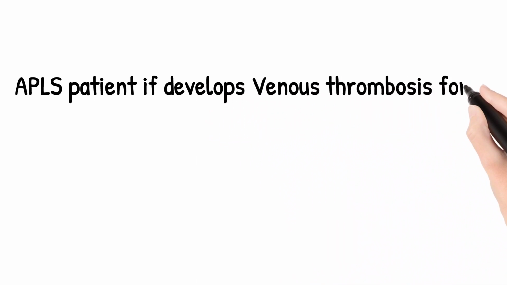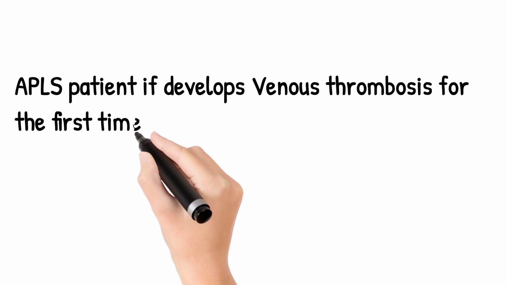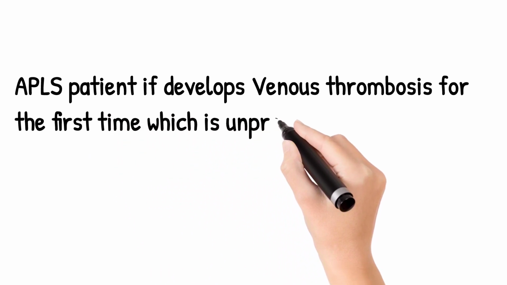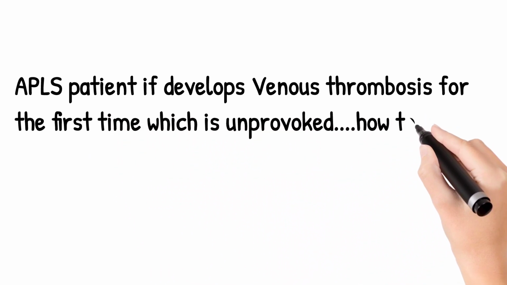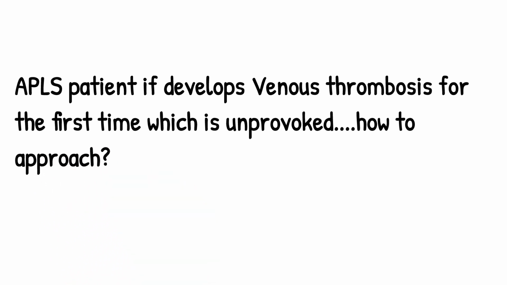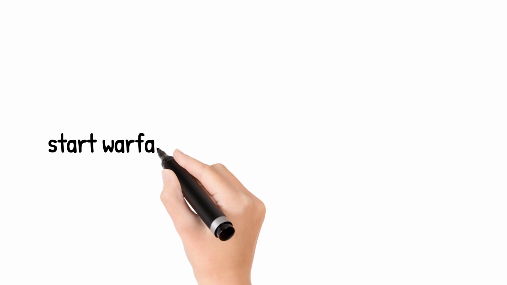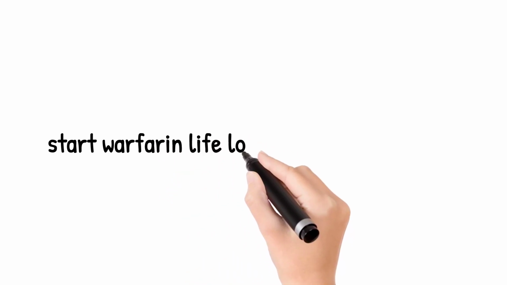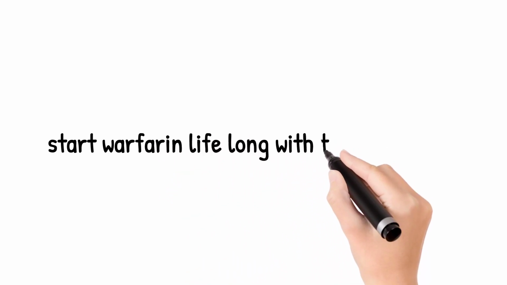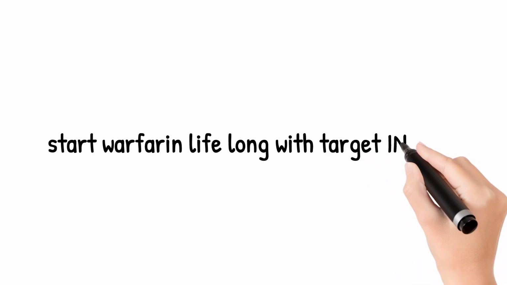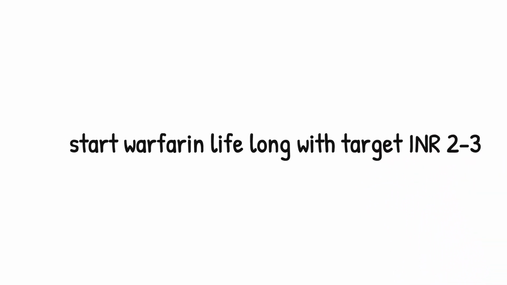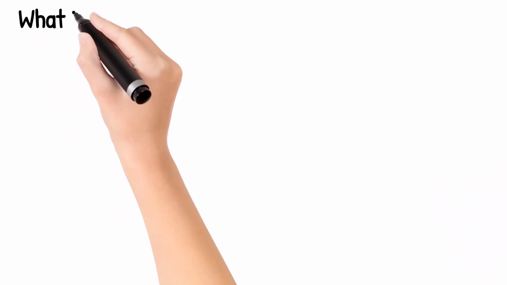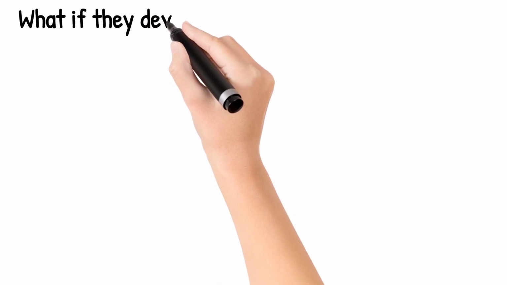If an APLS patient develops venous thrombosis for the first time, what should our target be, and how will we approach it? We definitely have to start with warfarin with a target INR of 2 to 3, and the patient should be getting it lifelong for unprovoked thrombosis.